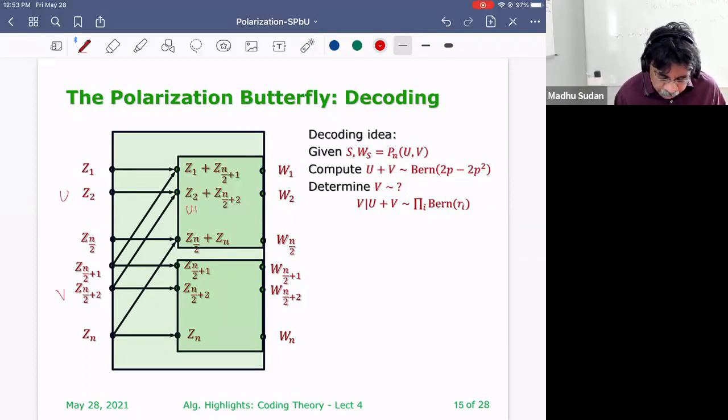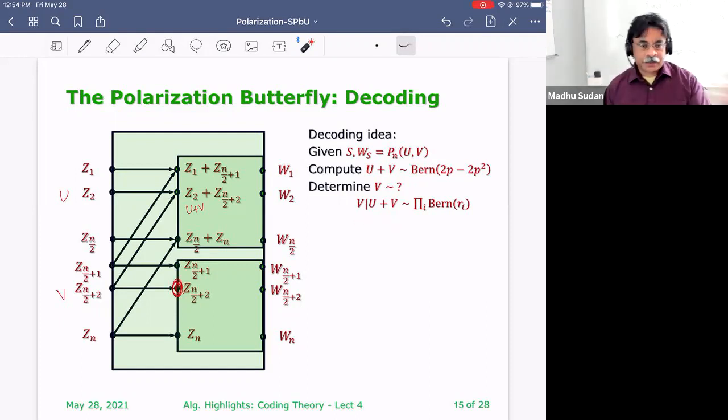I've told you what u plus v is, maybe the top half has decoded completely successfully. Now, at the very least, I should know what is the probability with which this bit is supposed to be 0 or 1. Before I even look at any of this information here, I should ask the question, what's the probability with which this bit is supposed to be 0 or 1? Well, I can calculate this probability. If I give you 2 bits and I say the parity of these 2 bits is something, you can back calculate what's the probability with which one of the bits is 0 or 1.